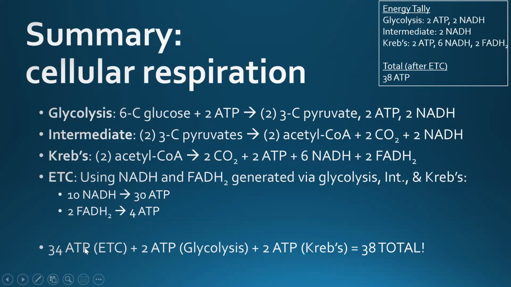So 34 ATP from the electron transport chain, plus 2 ATP from glycolysis, plus 2 ATP molecules from the Krebs cycle, generate the total of 38 molecules of ATP.